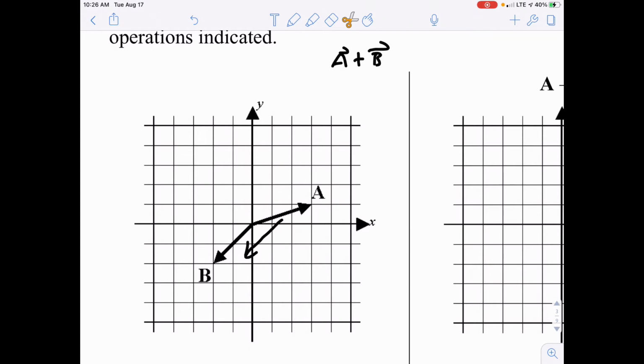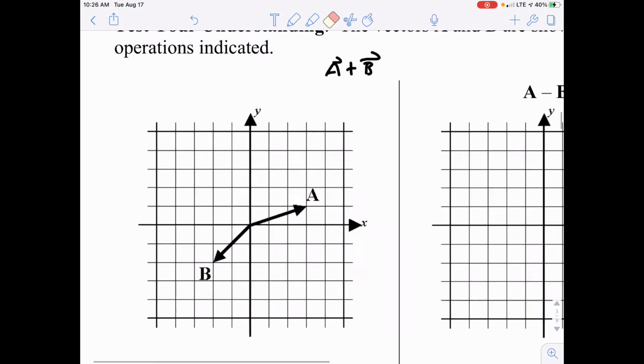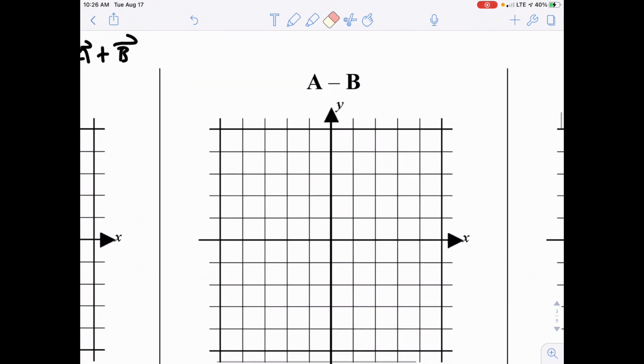I would take the tail of B and stick it at the tip of A, just like that. The resultant vector would be a straight line from where I start to where I finish. So the blue arrow is the resultant vector of adding A and B. It didn't ask us to do this, but I just wanted to show you what A plus B would look like.